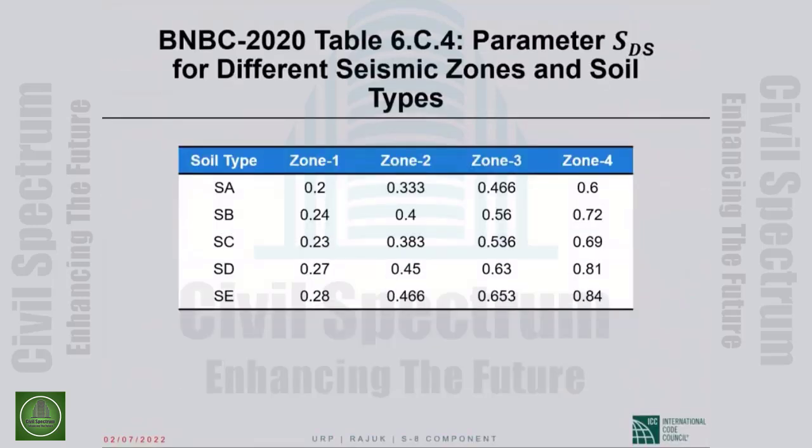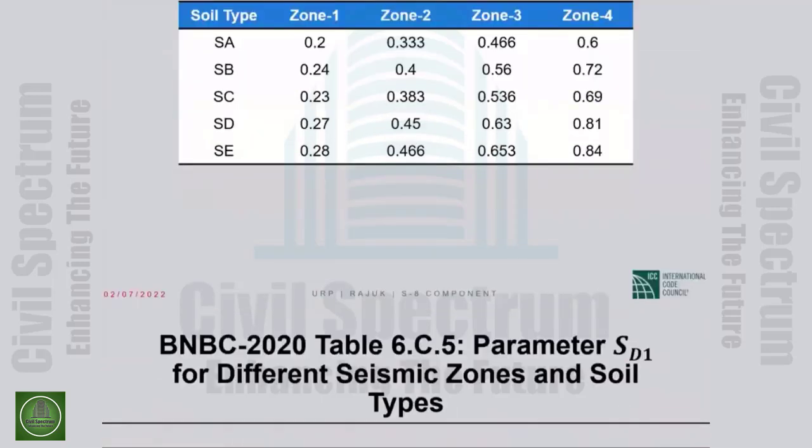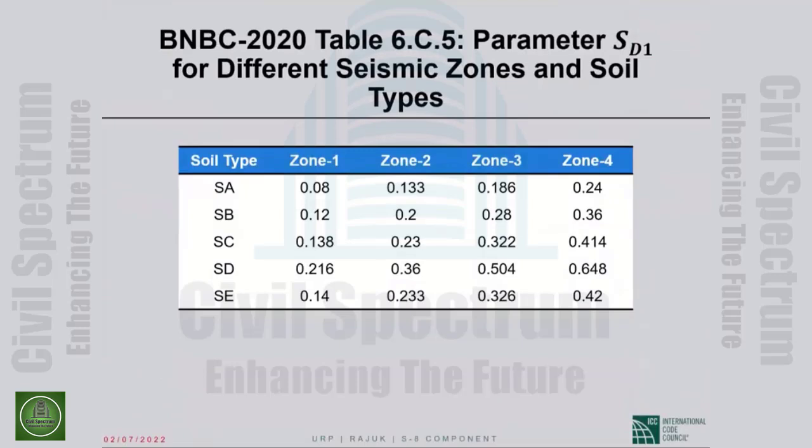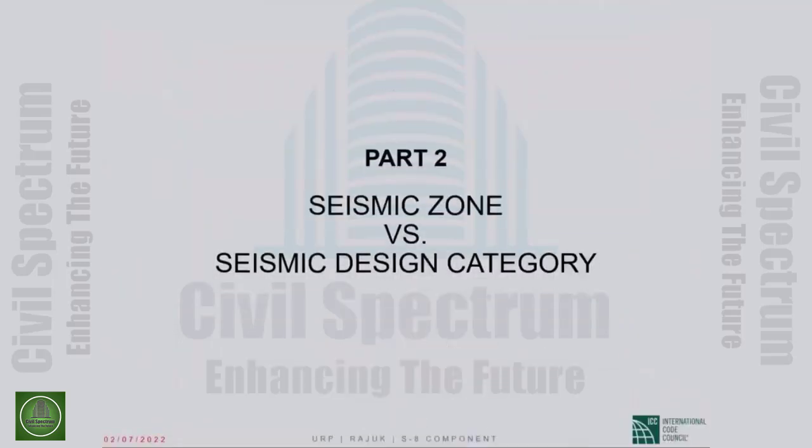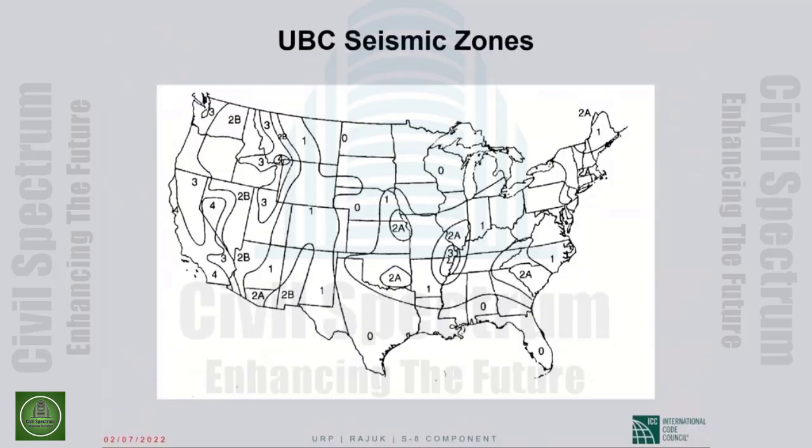Then the S sub DS, the parameter that we have to calculate in ASC7, is given to you ready-made in table 6.C.4, and the S sub D1, which we also have to calculate at great labor, is given to you in table 6.C.5. Now, we go into part 2, a slightly different topic, seismic zone versus seismic design category.